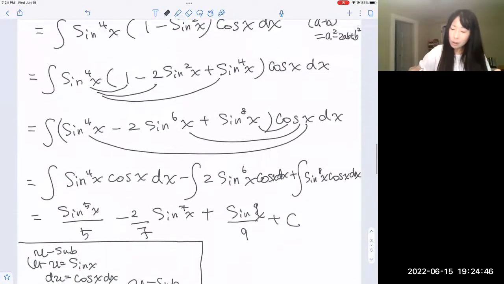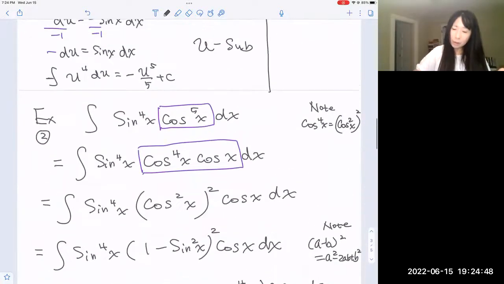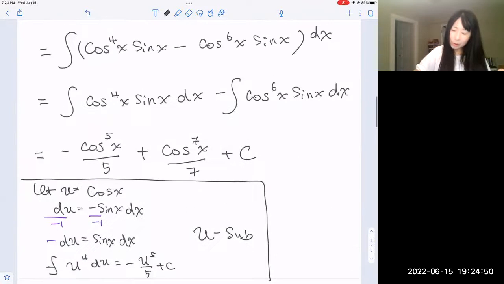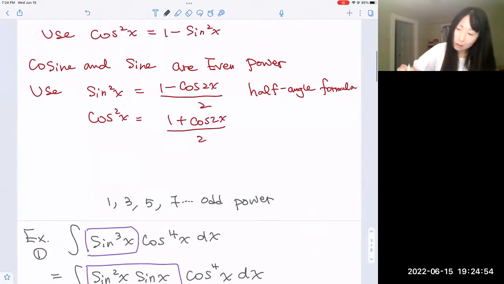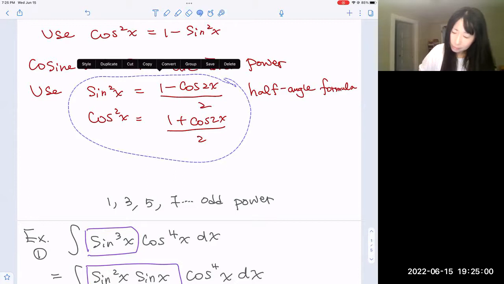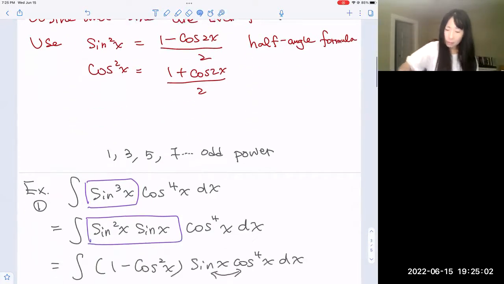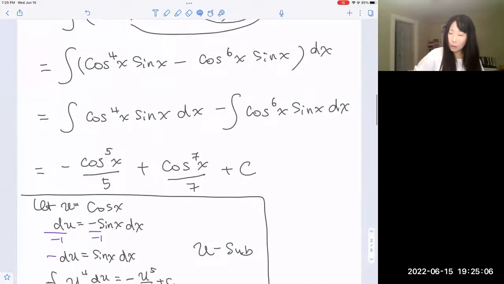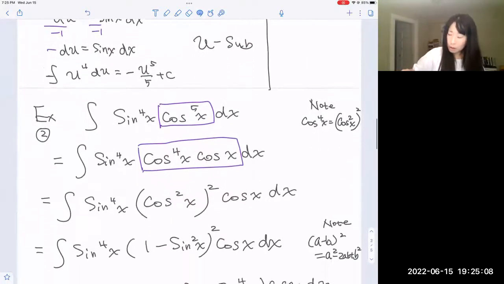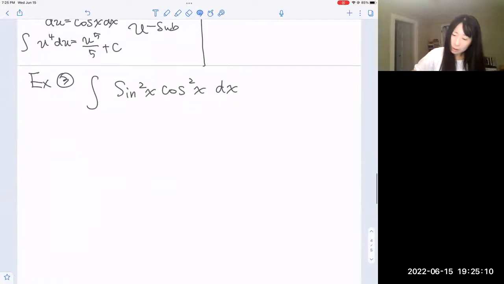Then they say that we are going to use this one. This is a half angle formula from trig. So let me write it down here.